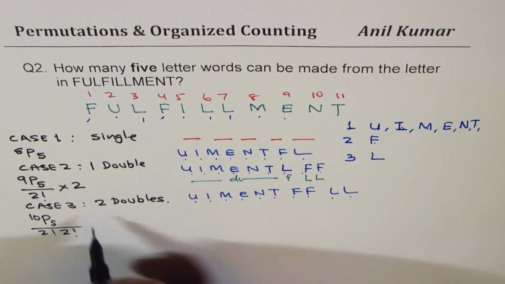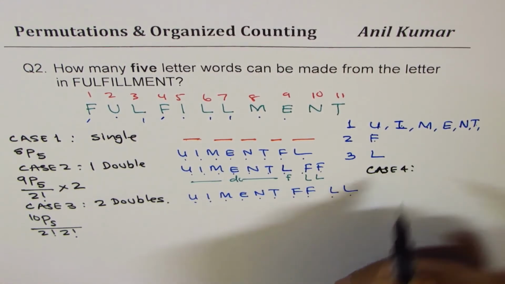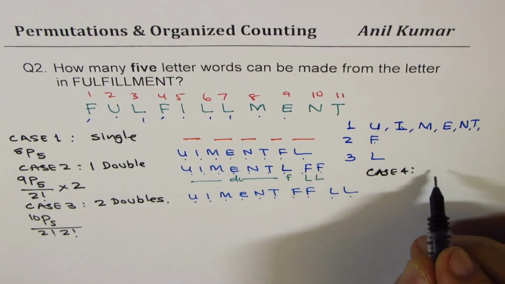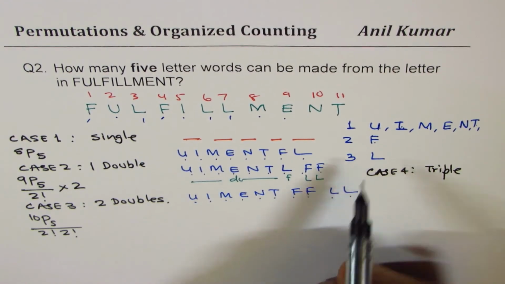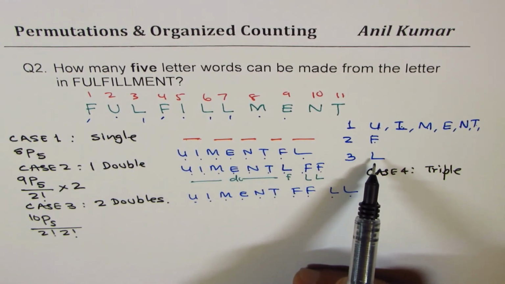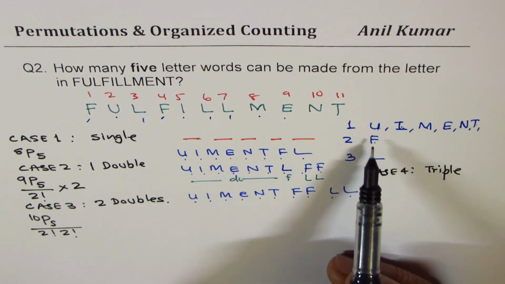And the last case here will be case 4, which has a triple. If I have a triple, that means I have L, and with this triple I could have all these other letters. So just a triple, no doubles.